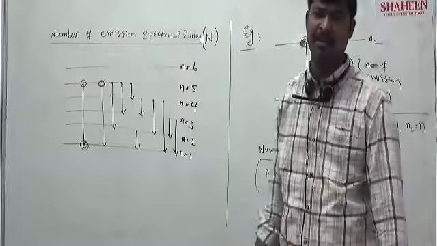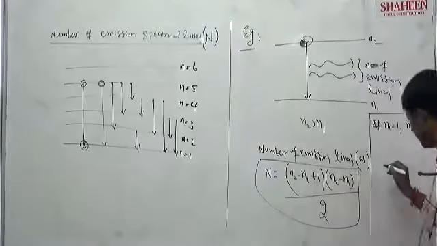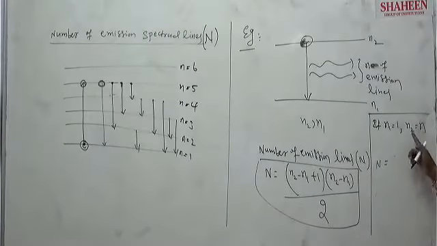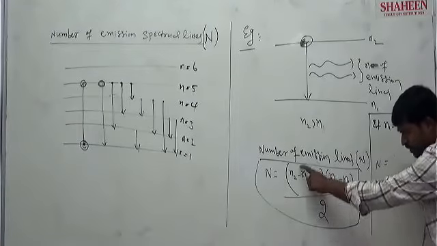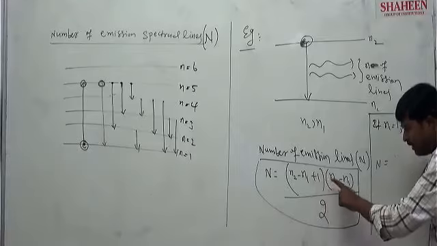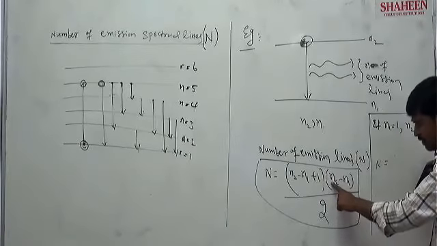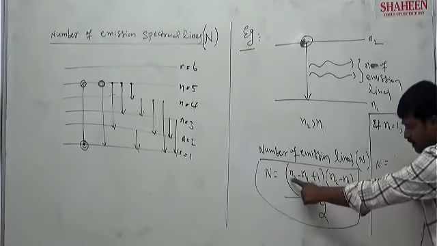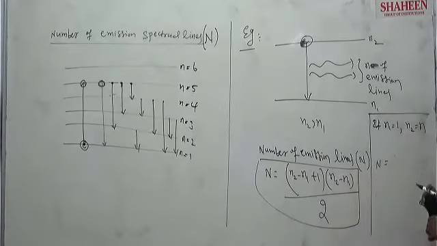In that case, the number of spectral emission lines, you substitute N1 equal to 1 and N2 equal to n. The minus 1 plus 1 cancel out here. N2 is n, n minus 1. So n into n minus 1 by 2 will come.